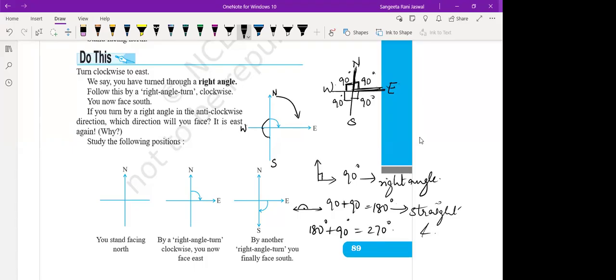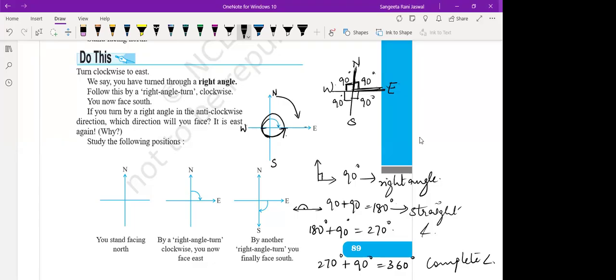Okay. And the angle between 180 and 360 is all reflex angle. So when you add another 90 degrees, another quarter to 270 degrees, you get the complete angle, that is 360 degrees. This is the complete angle. From here to here is 360 degrees.